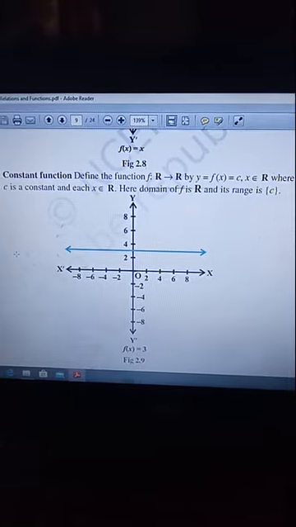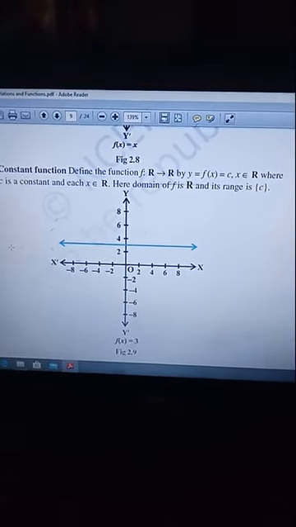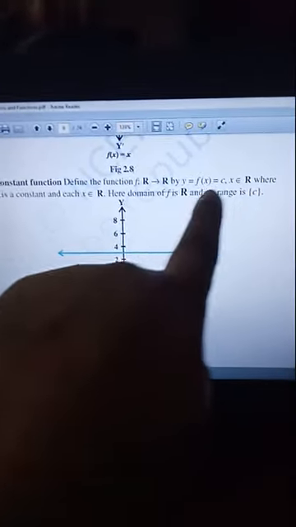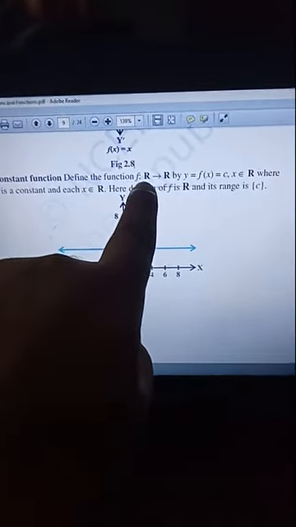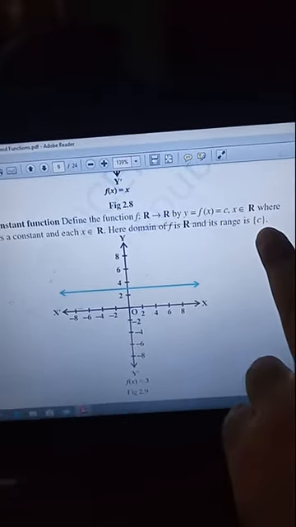For a constant function, the domain is the set of real numbers, and the range is also a set of real numbers, but in this case the range is fixed because it is a constant function. By putting any value from the domain you will always get C. So you see that the range is only C.